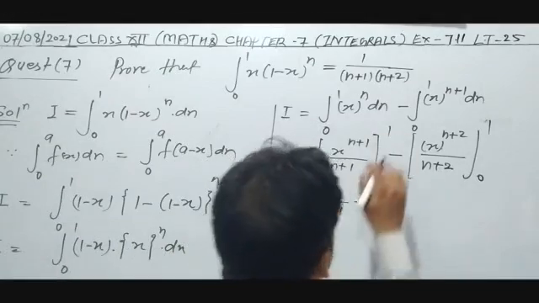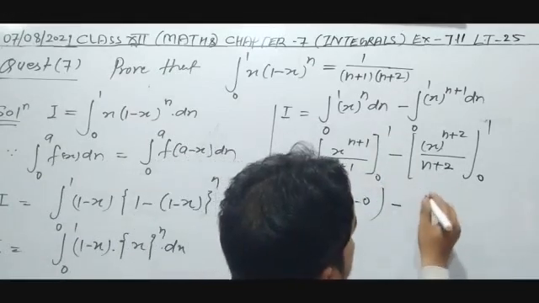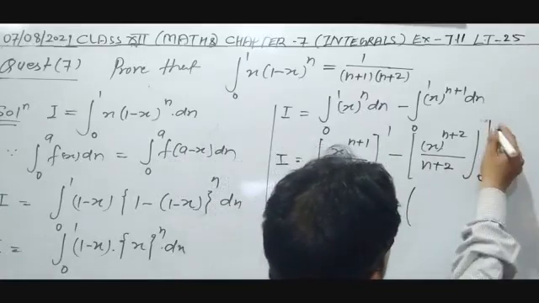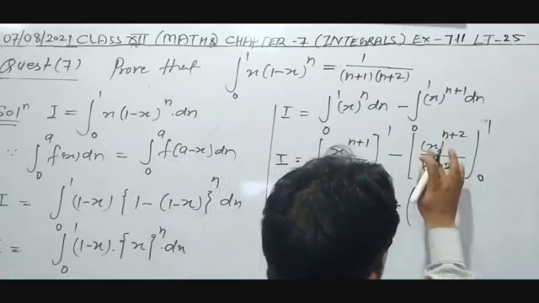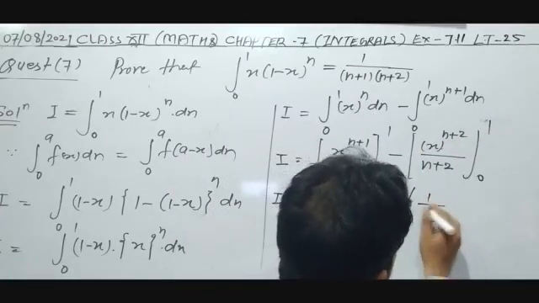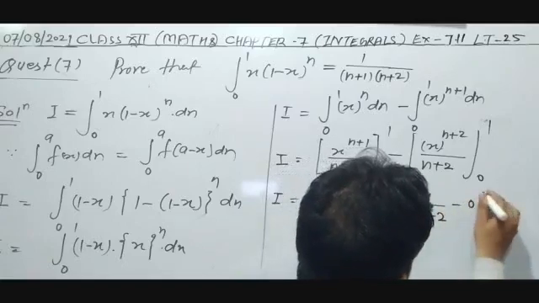This is upper minus lower limit, and same process, at the place of x you will put 1, so 1 to the power n plus 2 result will be 1 upon n plus 2, and same result minus 0.